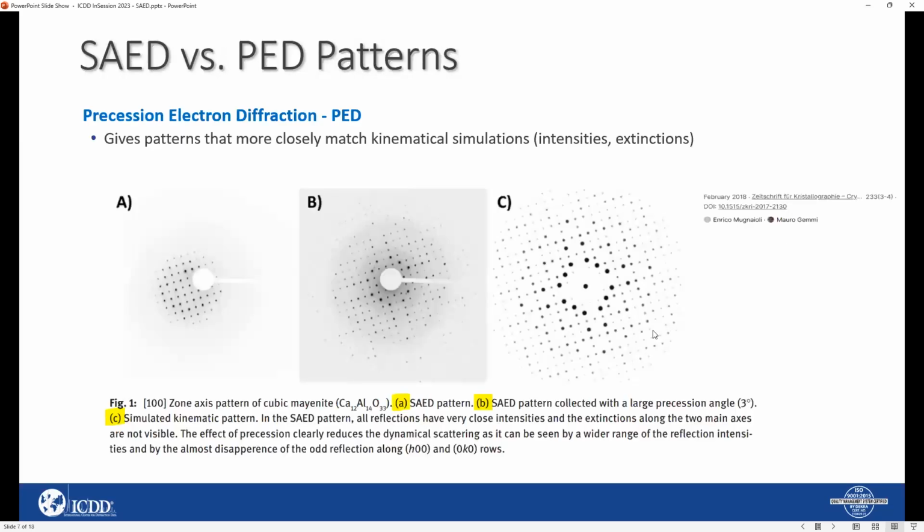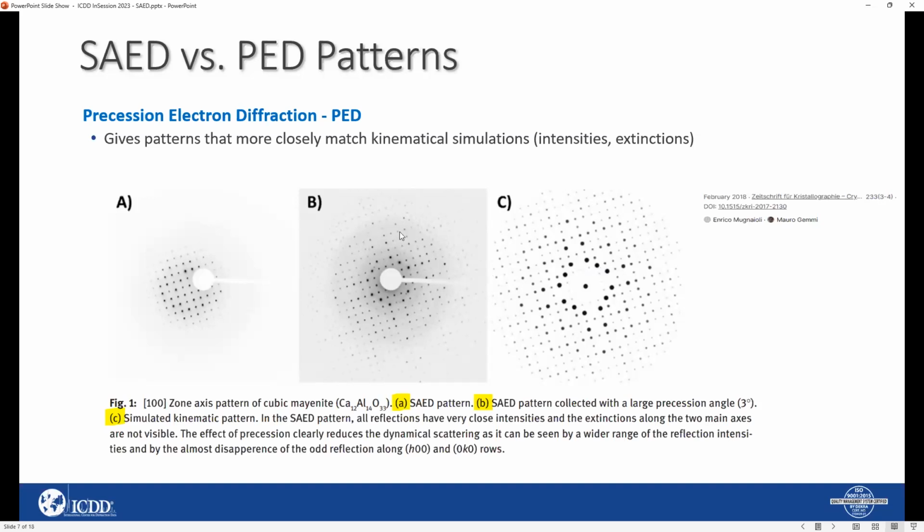A quick word for the different types of SAED images. So here we have an example where we have a standard SAED image, label A, then a so-called precession electron diffraction, PED pattern in the middle, and a kinematical simulation on the right. So when we do kinematical simulations, we have a wide range of different intensities from weak to strong, and we can also, of course, see the reflection extinctions specific to each space group directly in the simulations.